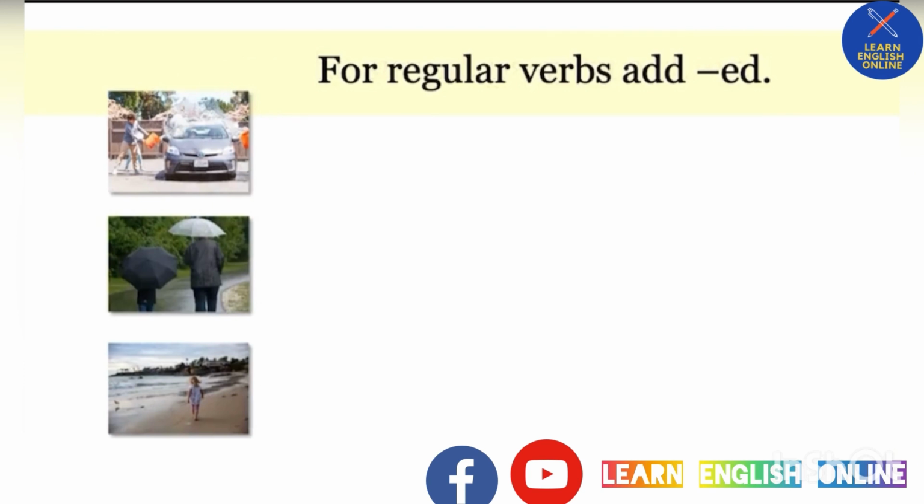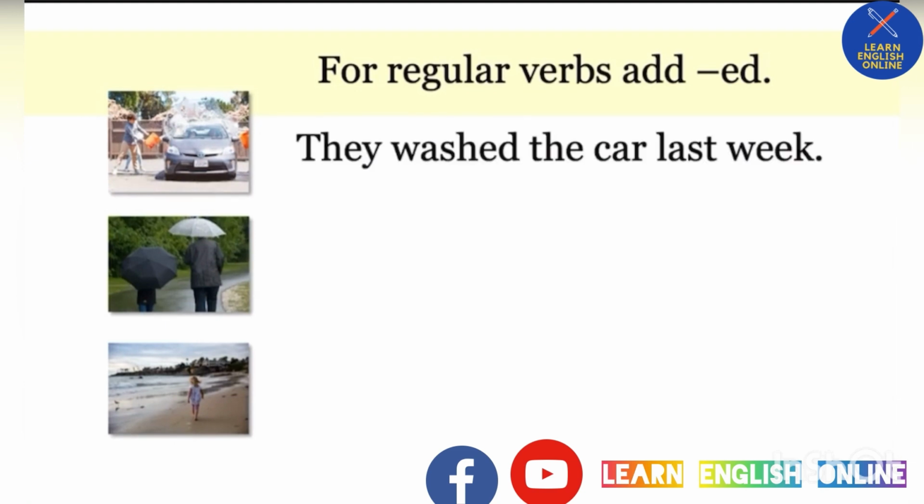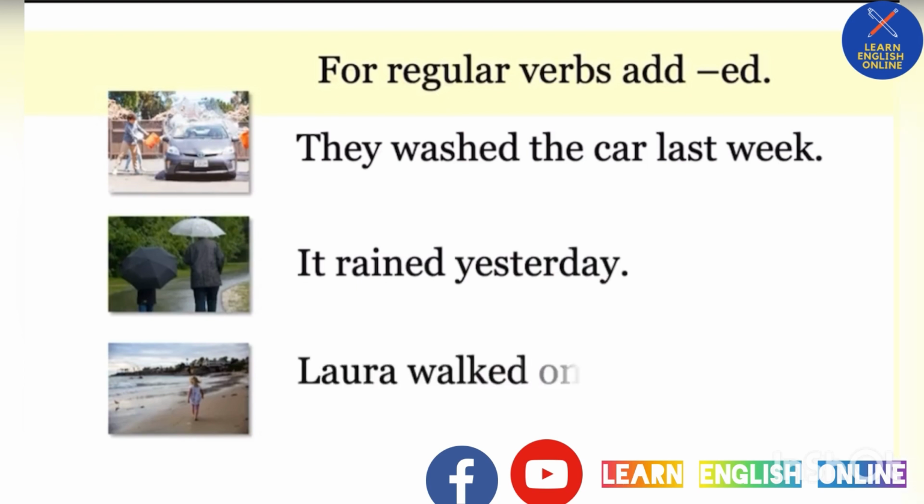For regular verbs, add ed to the end of the verb. For example, they washed the car last week. It rained yesterday. Laura walked on the beach. Notice the ed endings in washed, rained, and walked.